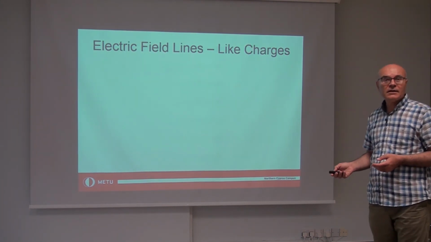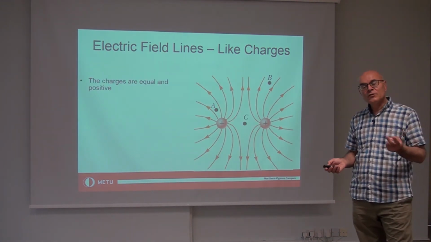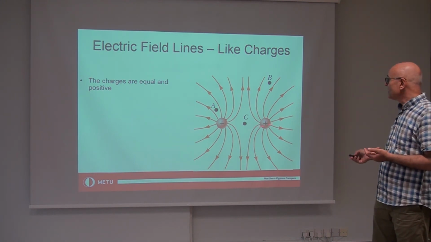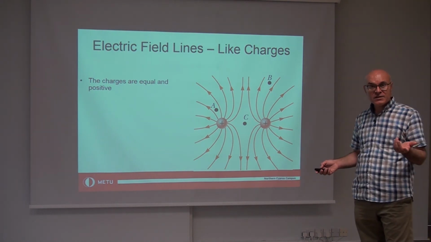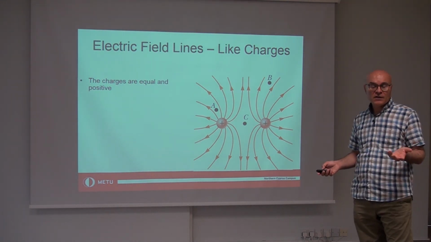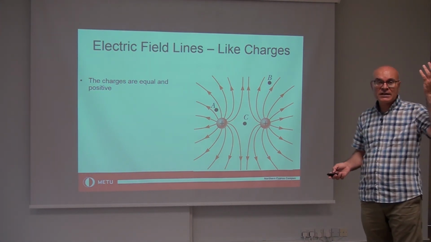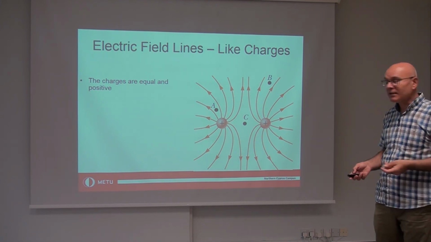Now, the other example is that of two point charges which have equal magnitude and equal sign. As you can see, in this case, since I don't have negative charges, I have only positive charges, the field lines will originate at these charges, but they will extend to infinity and terminate there. They don't have any other negative charge to terminate at.